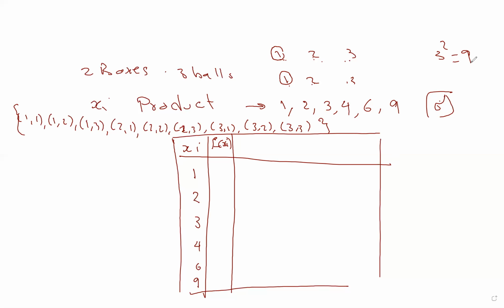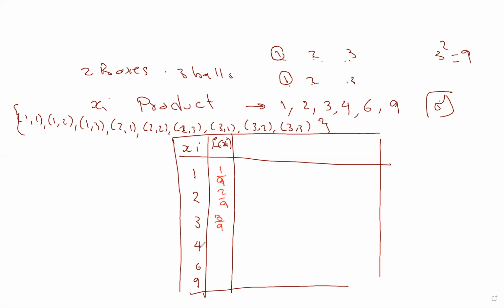The product is 1 only for 1 times 1, so 1 over 9. The probability of getting the product 2 is either 1 times 2 or 2 times 1, which is 2 over 9. The product 3 is 2 over 9 also, which is 3 times 1 and 1 times 3.